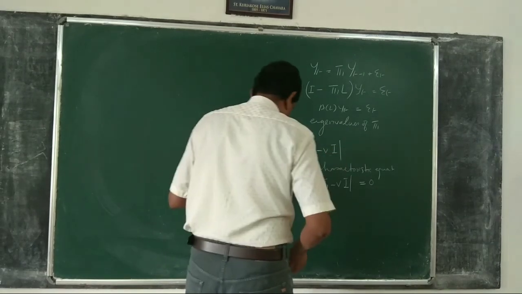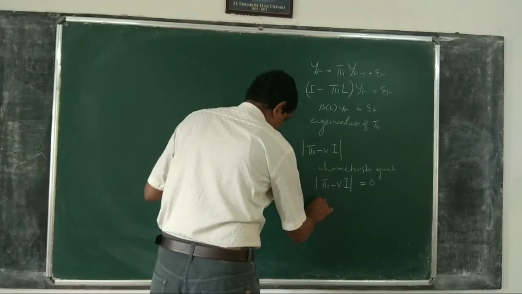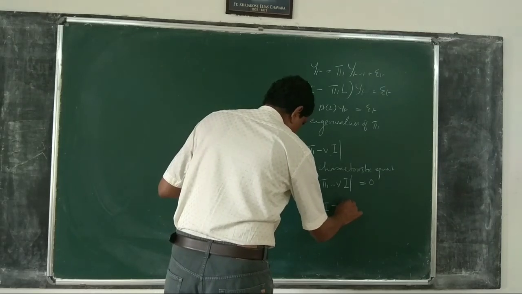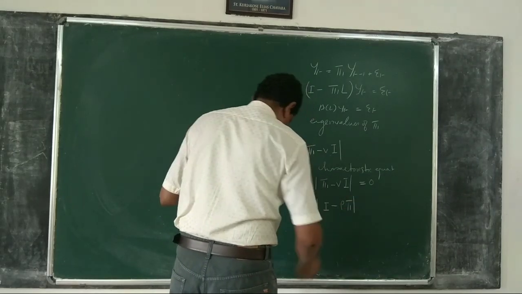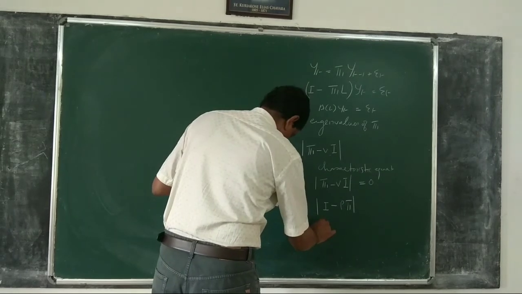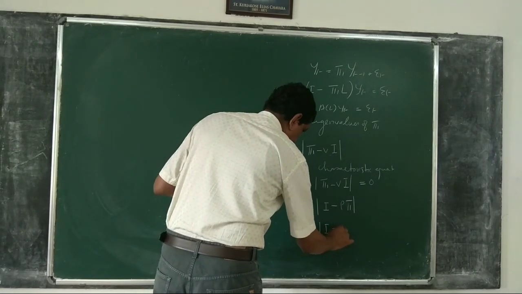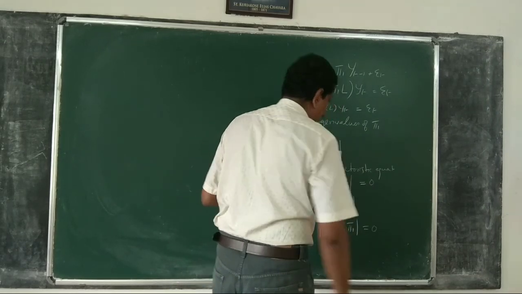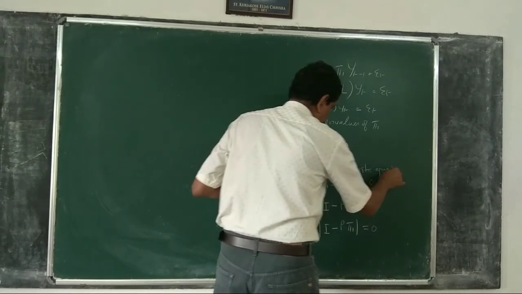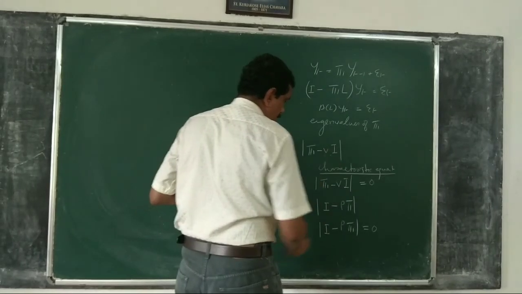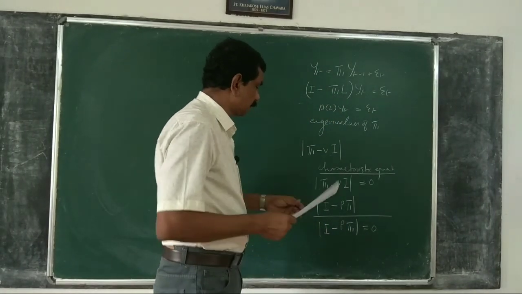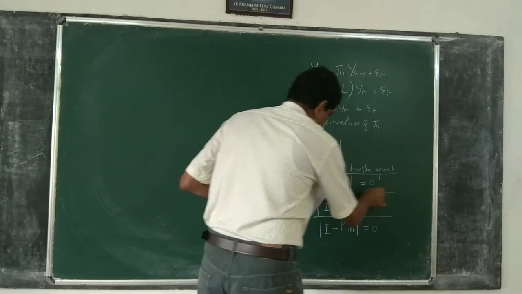The reverse characteristic polynomial is the determinant of I minus rho times pi1, and the roots are obtained by solving the determinant of I minus rho pi1 equal to 0. This is the characteristic polynomial, and this is the reverse characteristic polynomial. We will explain the difference between these two.